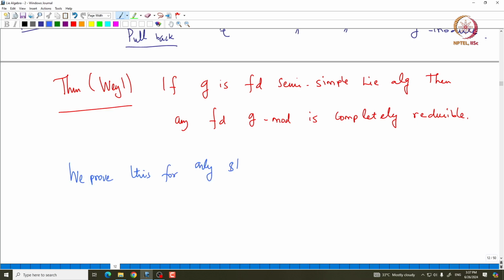I am going to prove this for SL2 first, and then one can see how to prove it for SLN, because to get a better understanding of the general theory of representations, one should see how everything goes in SL2. So, first we do it for SL2, then later for SLN.